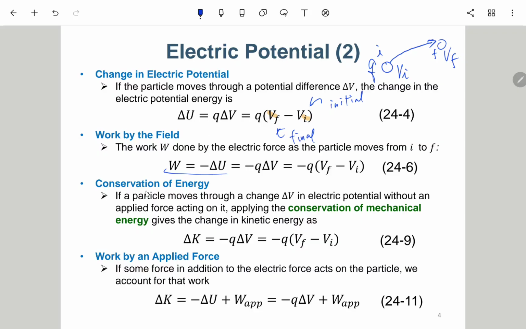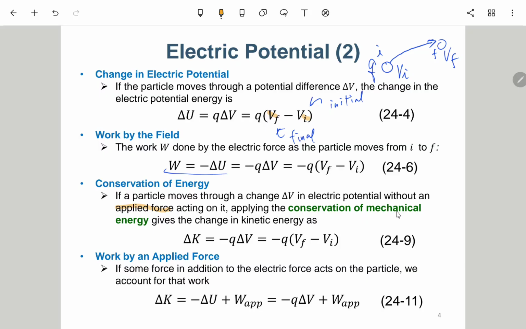Here the third part is called the conservation of energy, 能量守恒. Actually it says if a particle moves through a change delta V in electric potential without an applied force, which means it is a closed system, it doesn't have any work done to it.